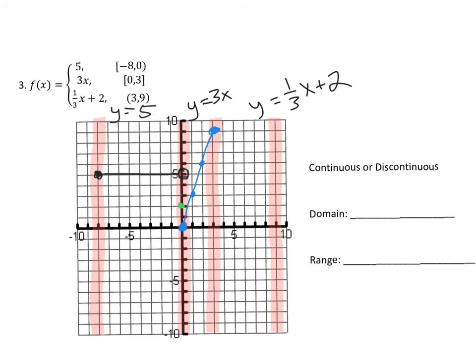But remember that when we get to 3, it's got to be an open circle. So we're going to go up 1/3, 1, 2, 3, open circle, right? Because at 3 right here, up in the domain, we have a parenthesis, so it's got to be open. So we'll keep going. Up 1, 1, 2, 3. Up 1, 1, 2, 3. Now remember, we have another parenthesis, right?